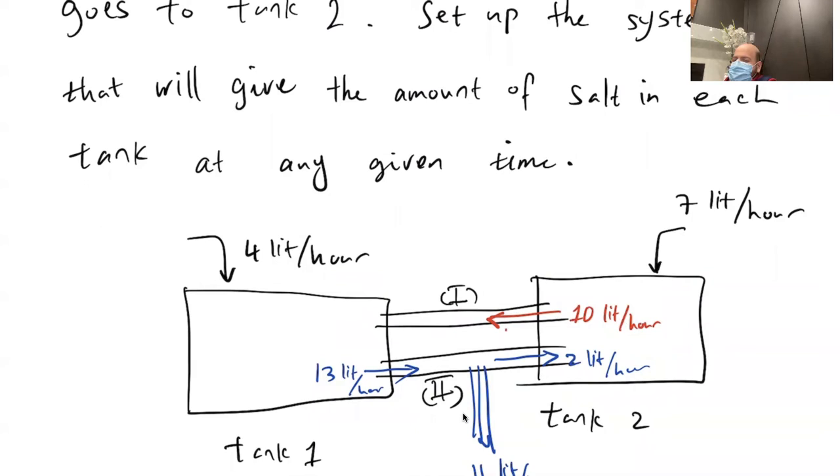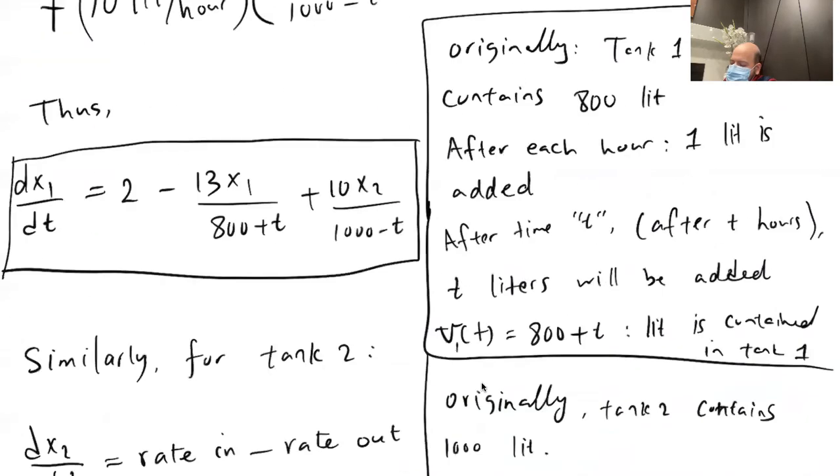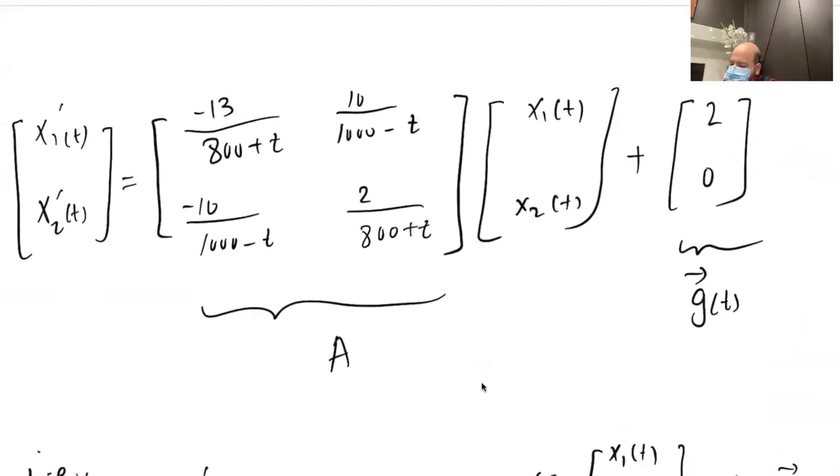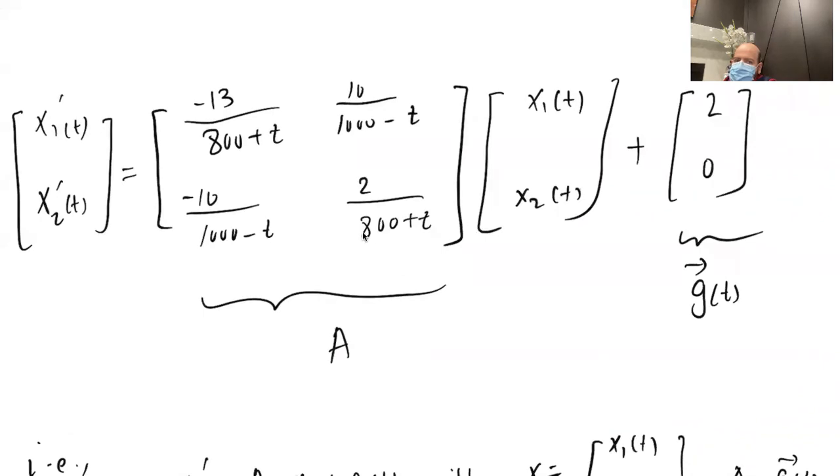In that case, I will be able to solve the system with the methods that we already learned. So can I change one or few of these numbers so that this matrix A becomes a matrix with constant entries instead of entries that are functions of t?